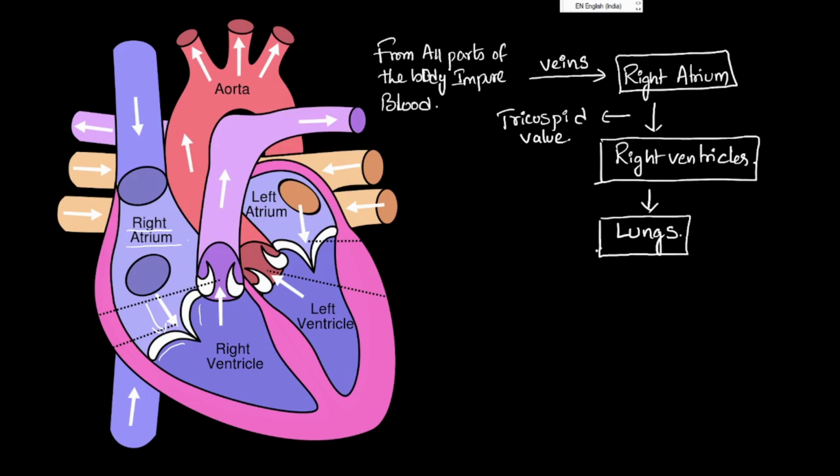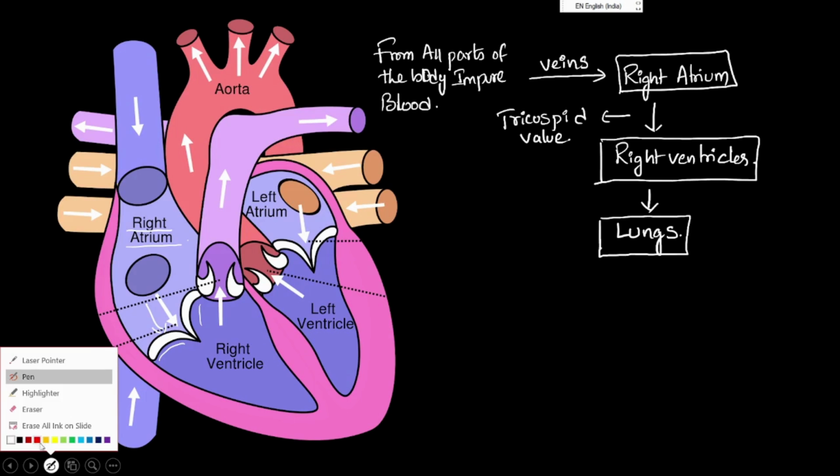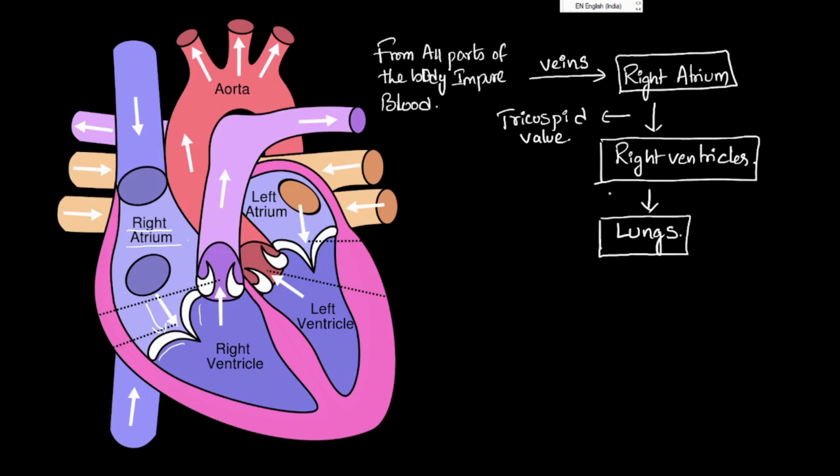Who will carry blood from the right ventricle to the lungs? The pulmonary artery will carry the blood to the lungs, students.